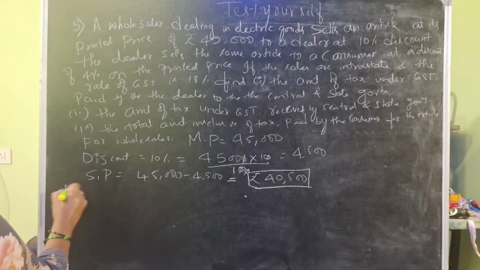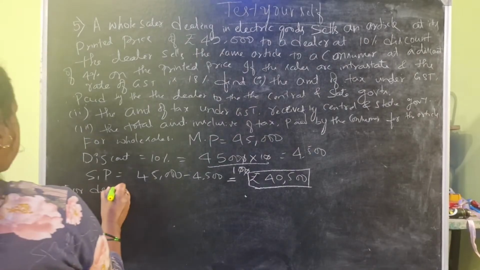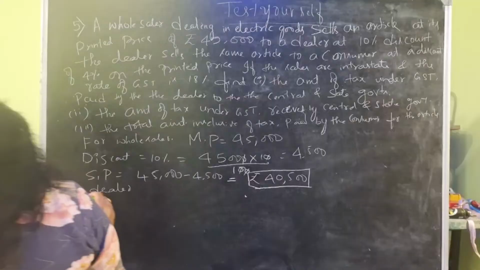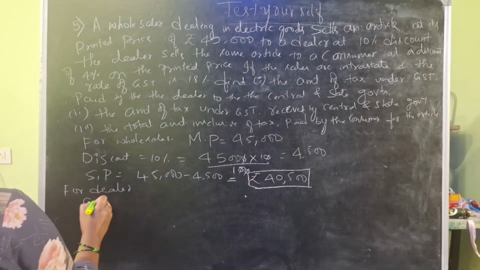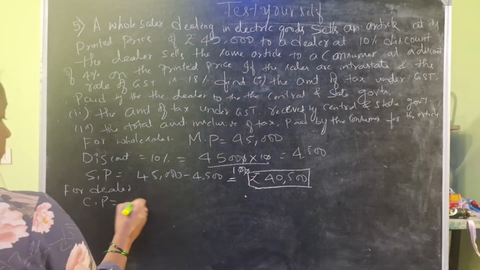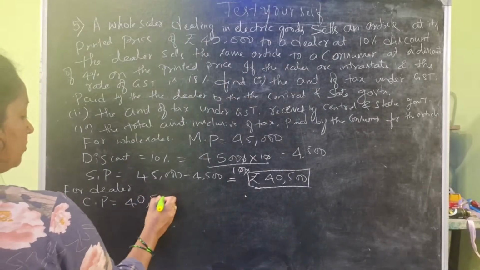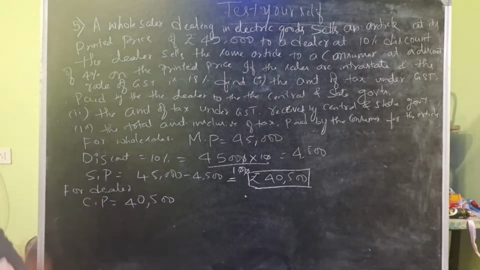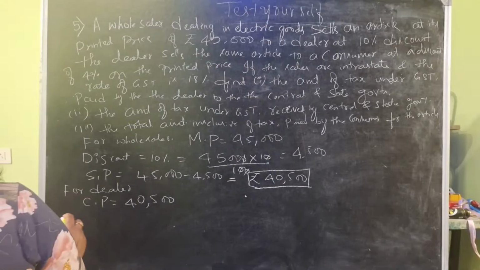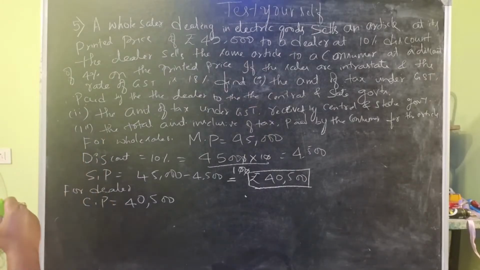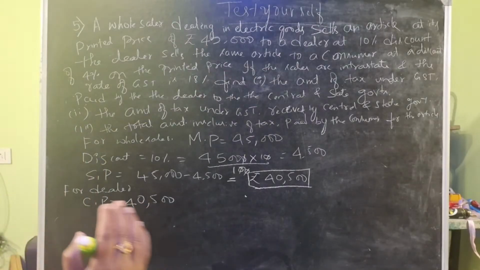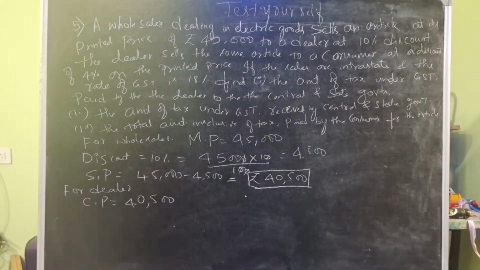Then for dealer, cost price is equal to 40,500. So this is the cost price for the dealer. And again he gives a discount of 4% to the consumer.